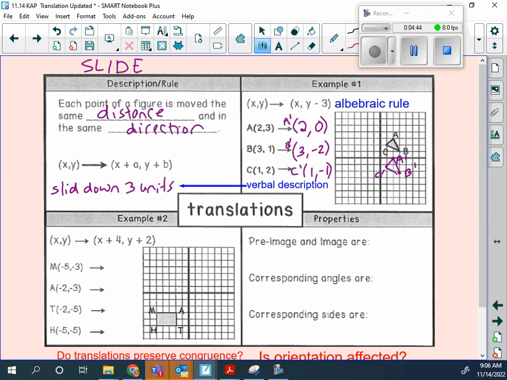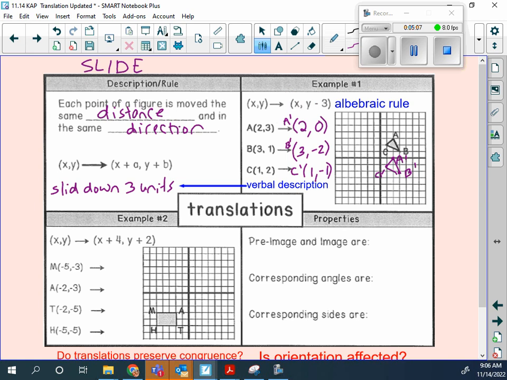So when you look here at the algebraic rule, it's always going to be x plus, could it be minus? Yeah, or it could be plus a negative. And then y plus b. Okay? The hardest part, are you ready for the very hardest part? So focus. The hardest part is to know your left from your right, and your up from your down.